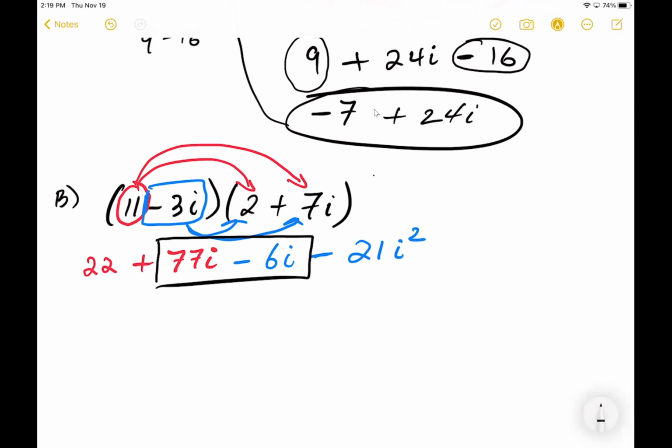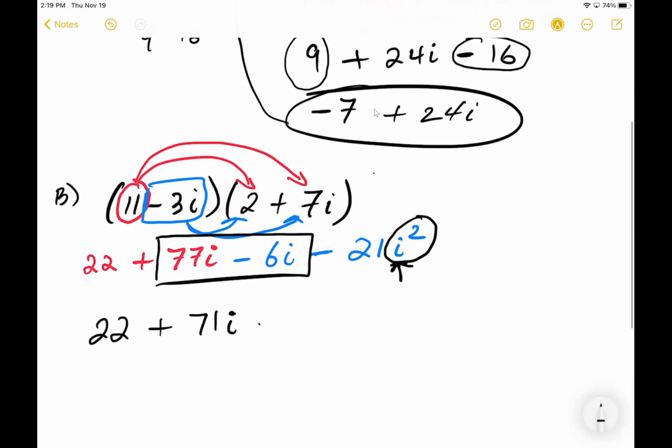So if we do this thing here, we can see these are the two items we combine: 77 minus 6 gives me positive 71, bring down the i. And this item here, because of the i squared, the negative 21 becomes a positive 21.